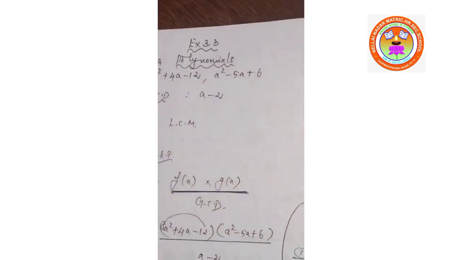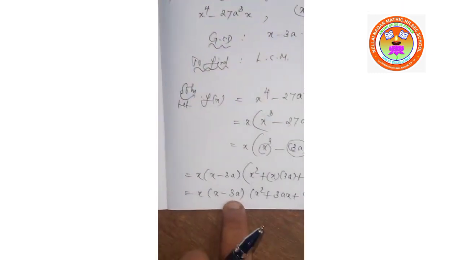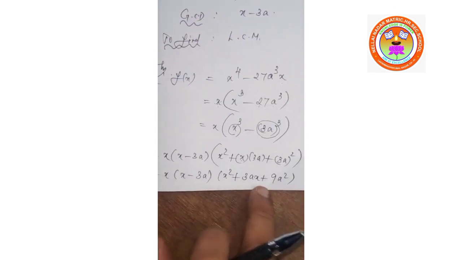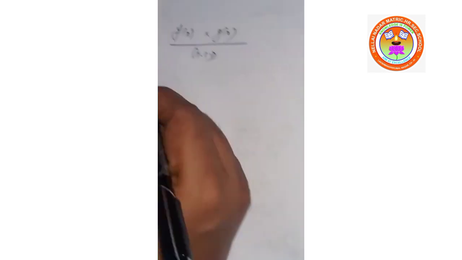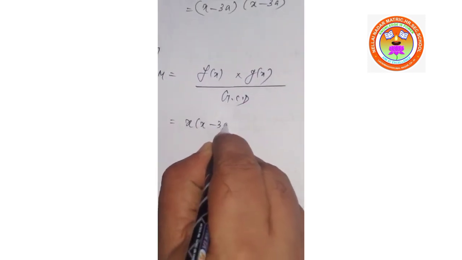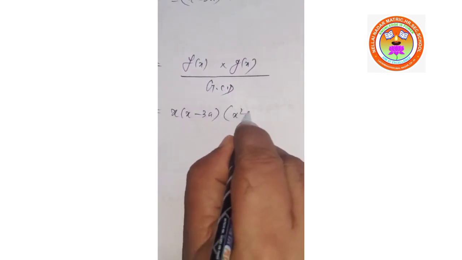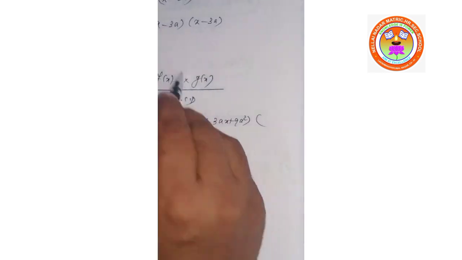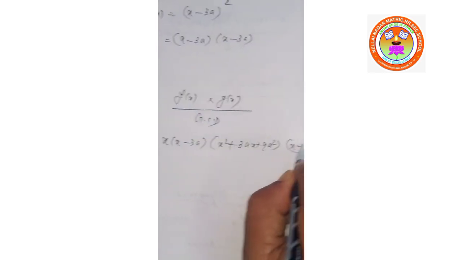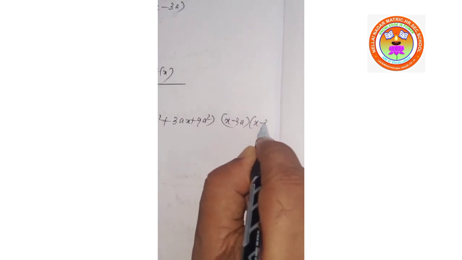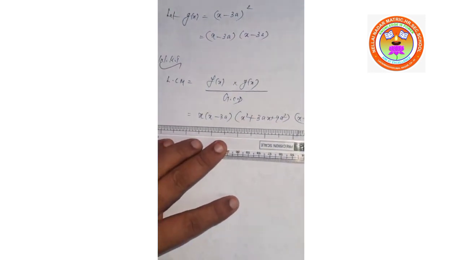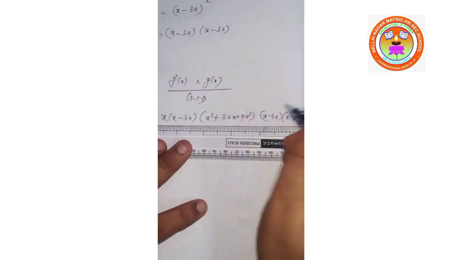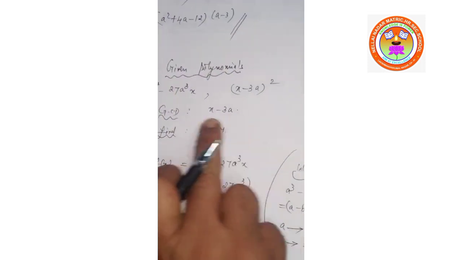F of x, that is x into (x minus 3a) into (x square plus 3ax plus 9a square), into g of x, here it is, (x minus 3a) into (x minus 3a), the whole divided by GCD. Here it is. What is GCD? X minus 3a.